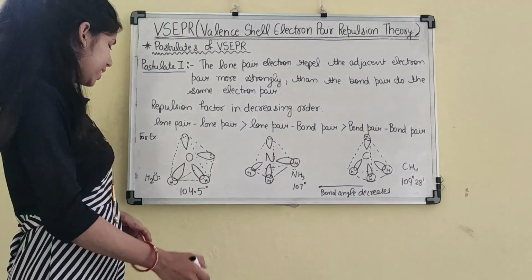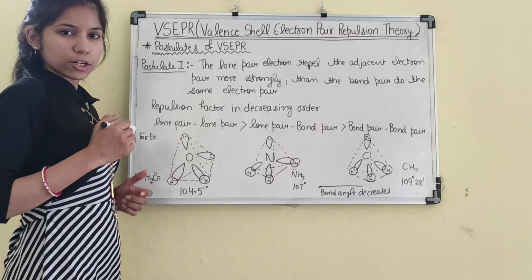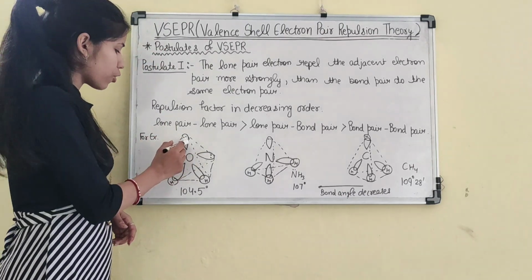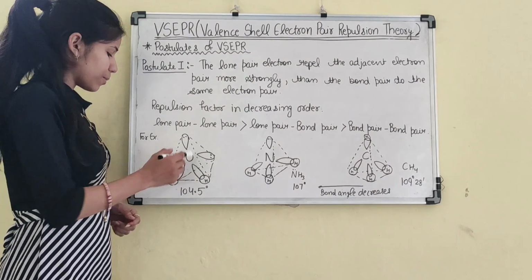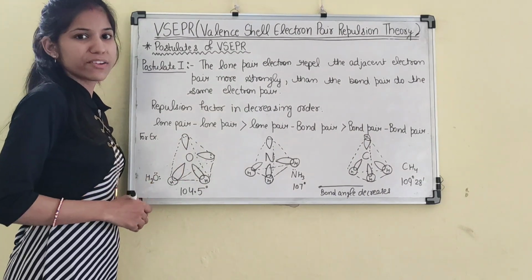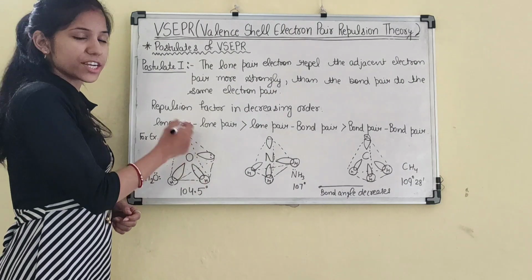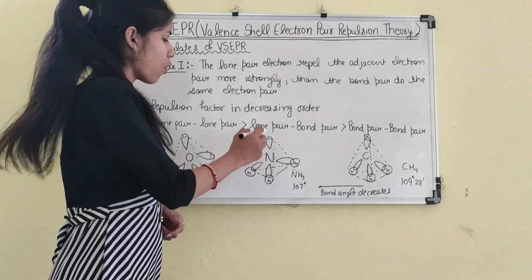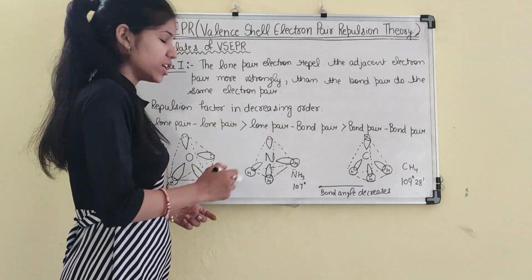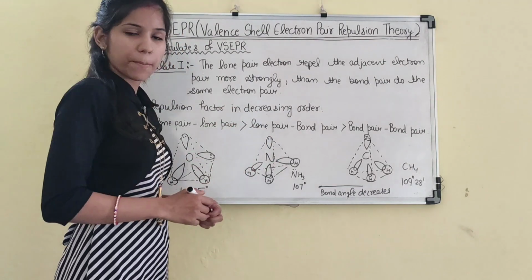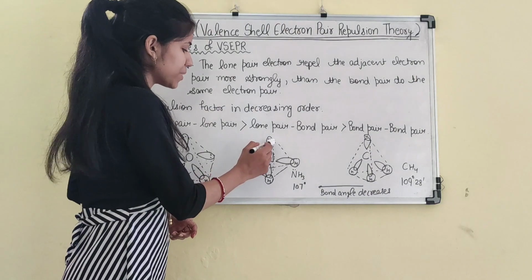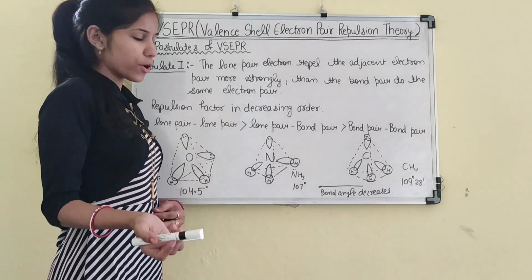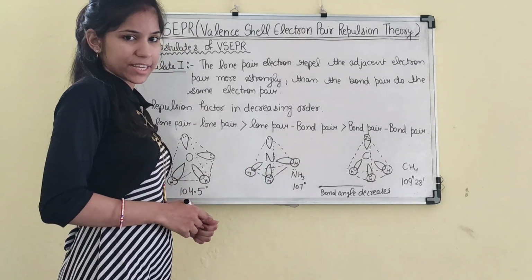For example, in H2O, there are 2 lone pairs present. First is this and second is this. So, there is lone pair-lone pair repulsion, so the bond angle will be 104.5 degrees and repulsion is more. And in NH3, there is 1 lone pair present and 3 hydrogen atoms. So, there is repulsion between lone pair and bond pair, and the bond angle is 107 degrees.